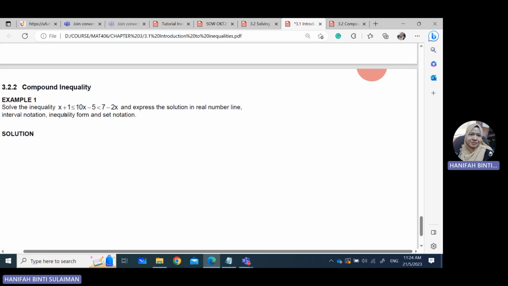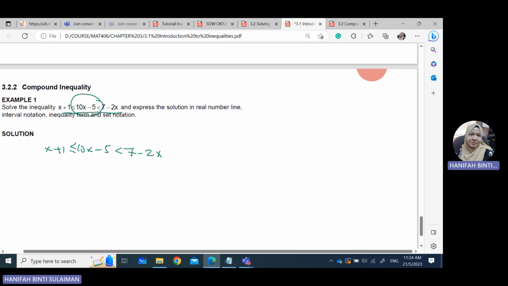So bila dia berlaku compound inequality ni maknanya kita ada function yang ini. This 10x minus 5 is greater than or equal to x plus 1 and this function is also less than 7 minus 2x. So maknanya untuk function yang kat tengah tu dia ada dua keadaan.